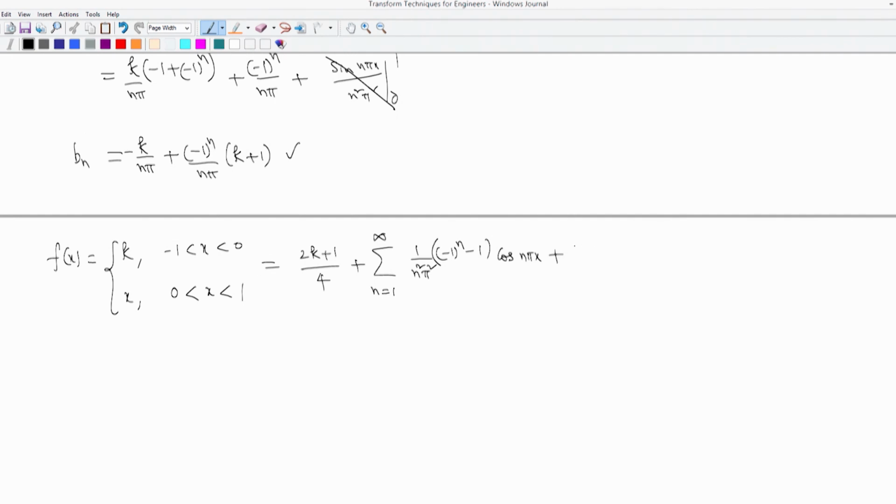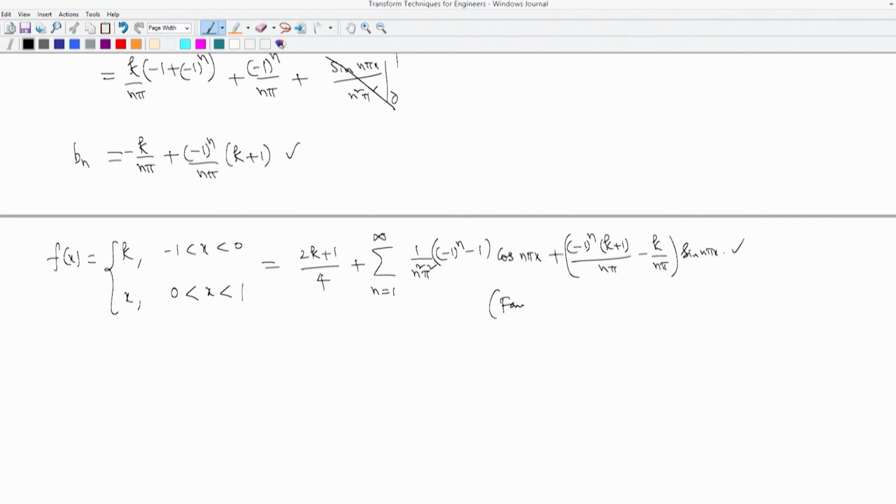Bn is minus 1 power n times k plus 1 by n pi minus k by n pi. This is my Bn into sin n pi x. So, this is my Fourier series.